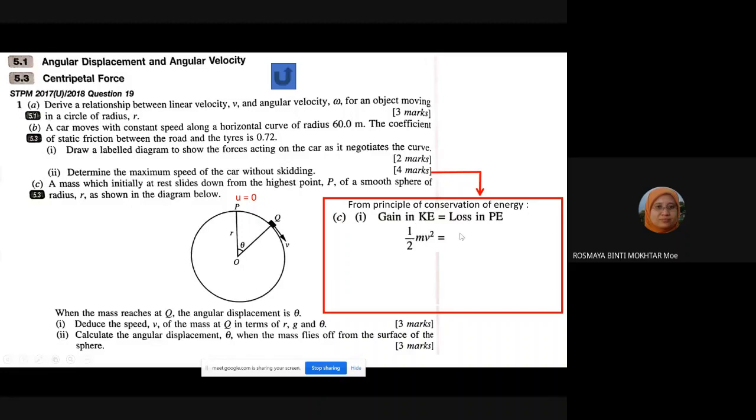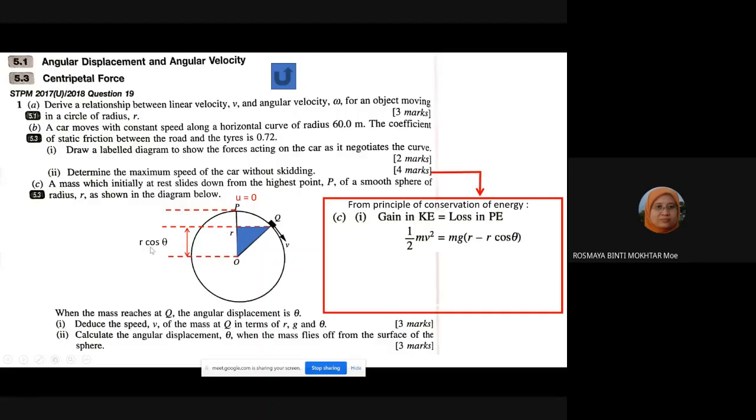The right side is the loss in potential energy. So for the potential energy, you refer to the center point here. From the center to P is R. From the center to the point Q, the level is drawn here as a red dotted line. So you use a trigonometric ratio to determine the distance here.